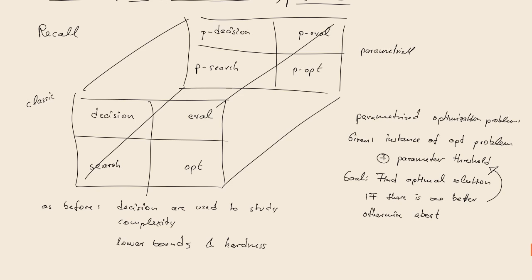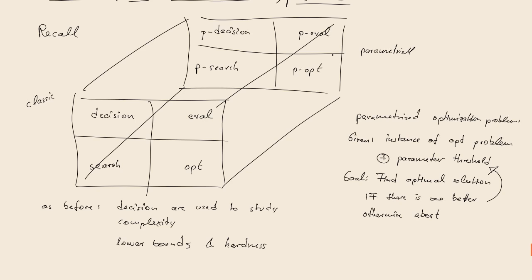Okay. Now in the classic world, we always found that going up or going left is essentially easy. That only makes the problem less demanding. You can compute the value of optimal solutions. That's something we assumed for our optimization problems. And of course, you can check whether a given value is below or above a threshold.